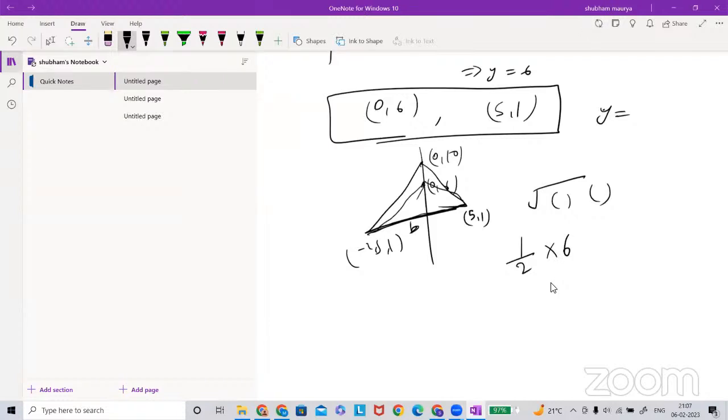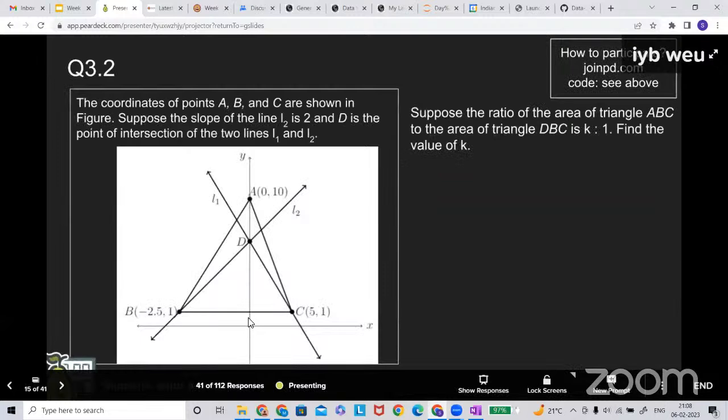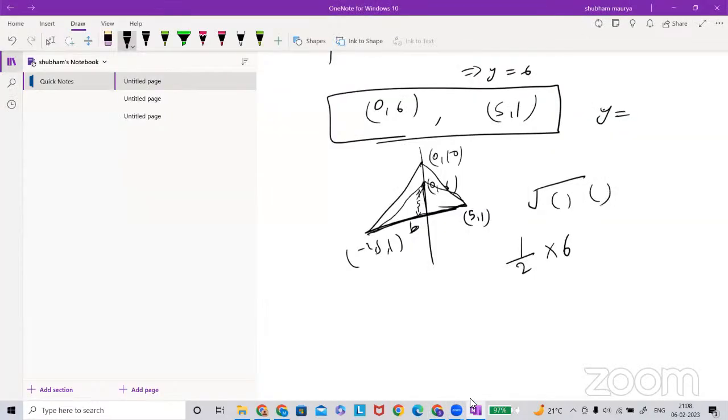This distance is 1, so this other distance is going to be 5. So 5 times this distance, base b, gives the area of the smaller triangle. Similarly, for the bigger one, it is 1 by 2 times base b, and the total height is 10, as given here.